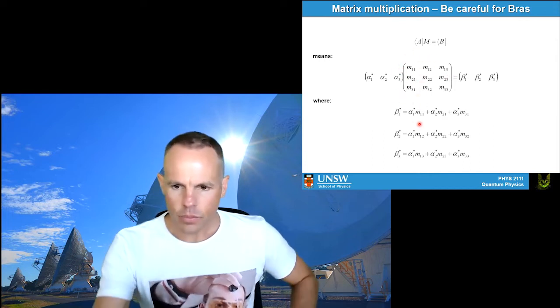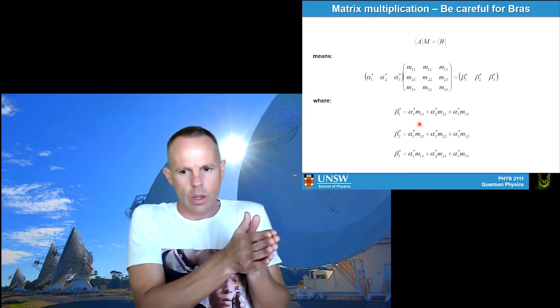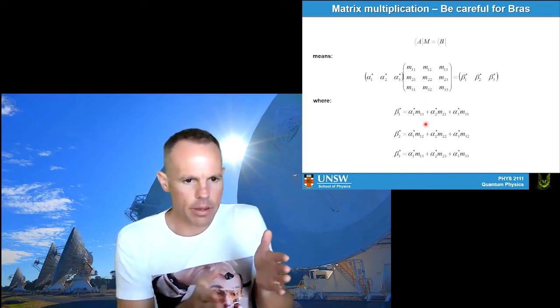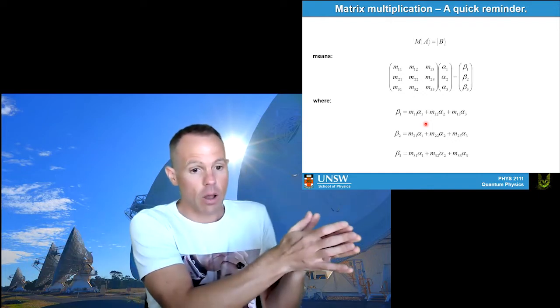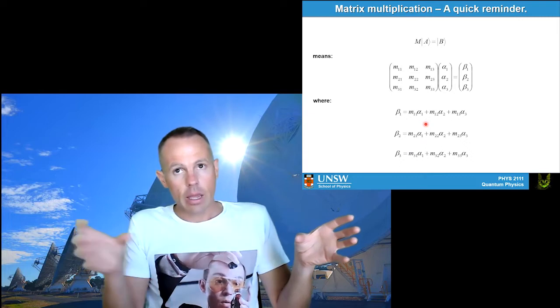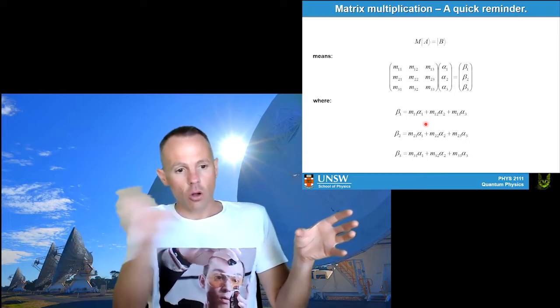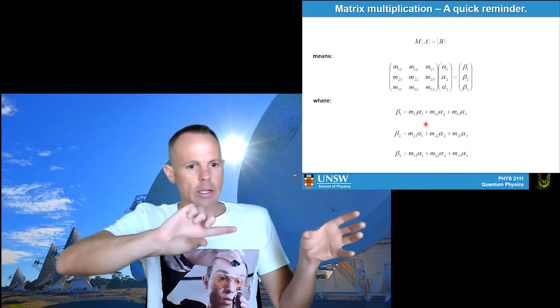So what you want to do in going from the ket side to the bra side to deal with that conjugation properly is not just take the conjugate of all the elements, but you also want to transpose that matrix.